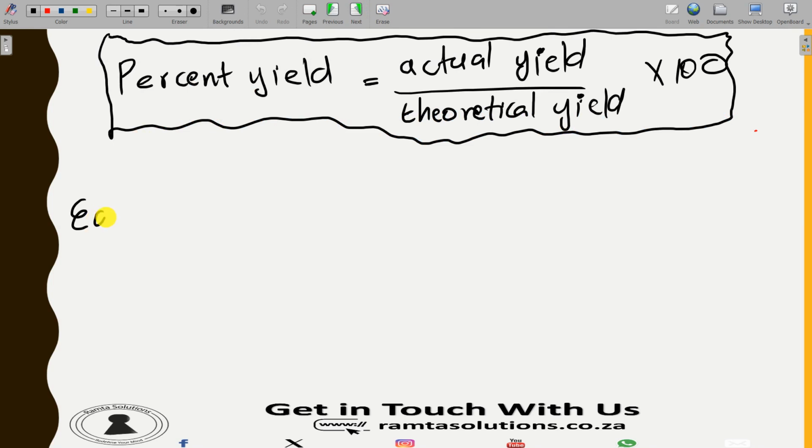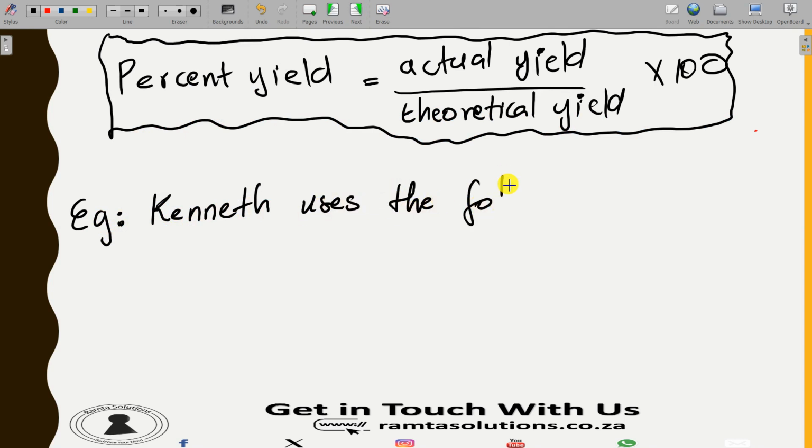So now let's try an example. So the example will be like this. Kenneth uses the following reaction.